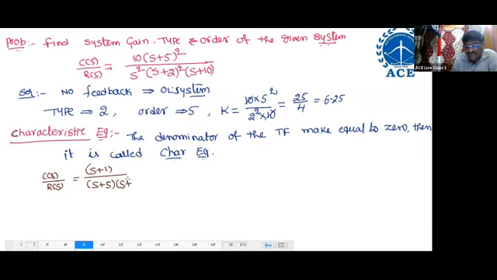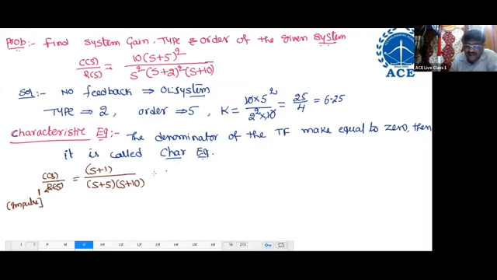We find system characteristics by considering an impulse input, so R of S becomes 1.